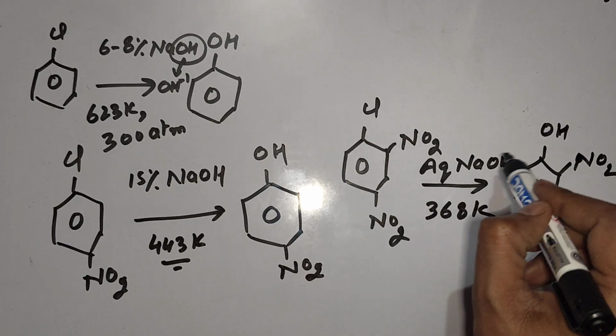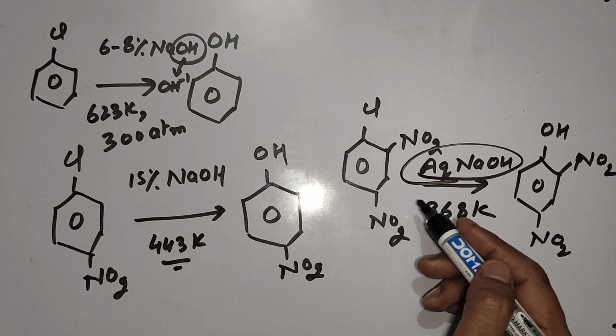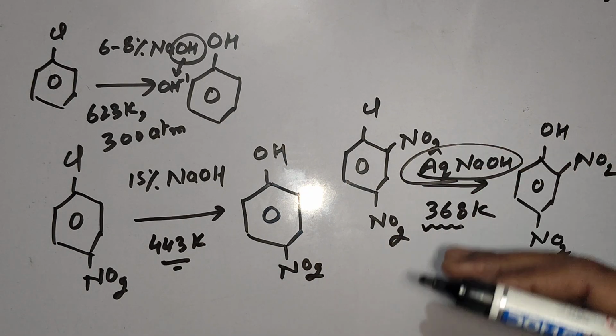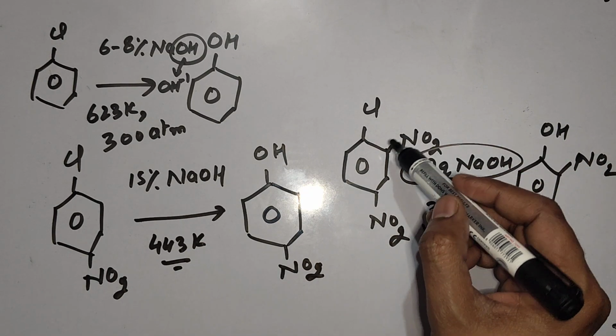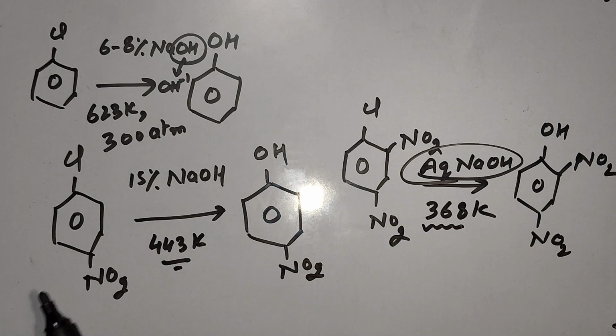This chlorine is replaced by OH now. Means the conditions are getting milder if we are increasing the number of electron attracting groups.